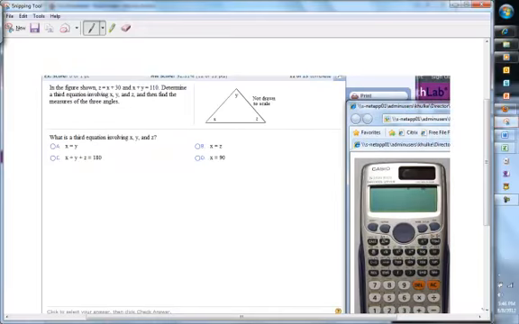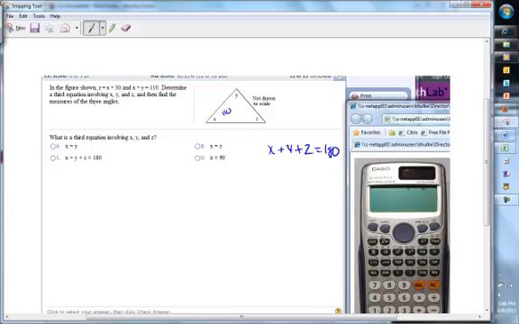Okay. It says in the figure Z is X plus 30. X and Y adds up to 110. Well, if that's true, determine a third equation involving X, Y, and Z. X plus Y plus Z has to equal 180.